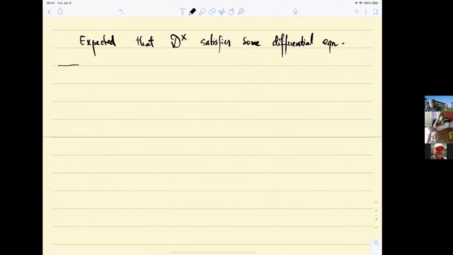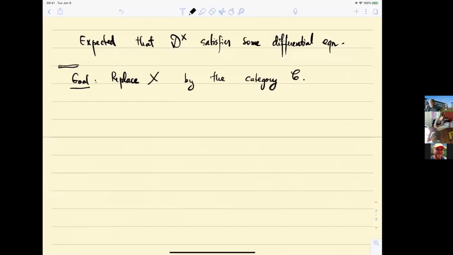And now our goal moving forward is to do the same thing, but replace the space X by the category C. And it will need a little bit of extra data, and not so little a bit, you'll need some extra data.